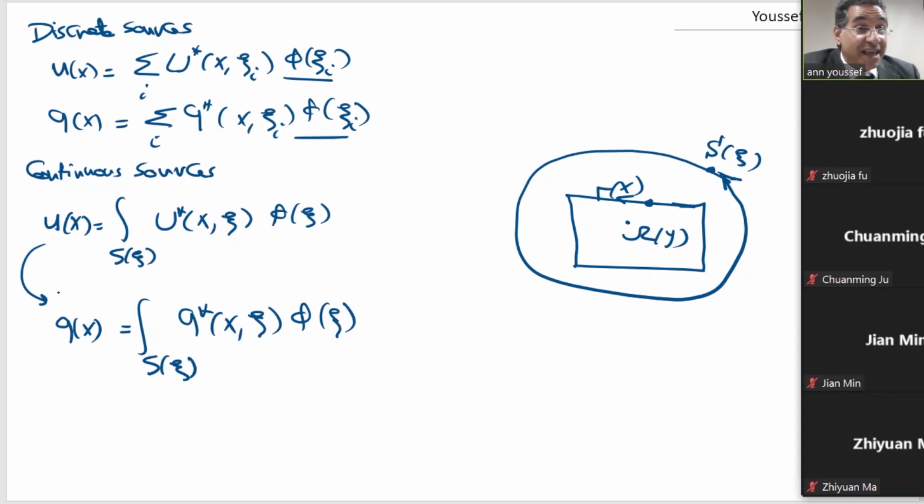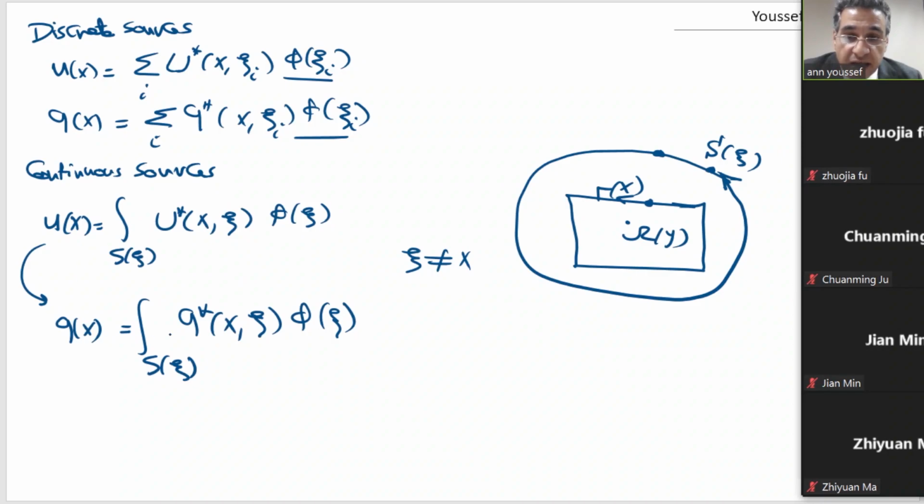It is very easy to differentiate and move the derivative operator inside the integral operator, so I should have very smooth kernels. Until now, the point xi is away from the point x; xi and x will never coincide.